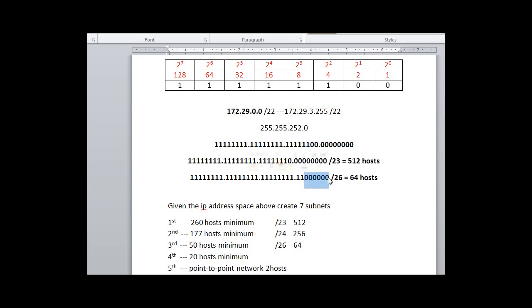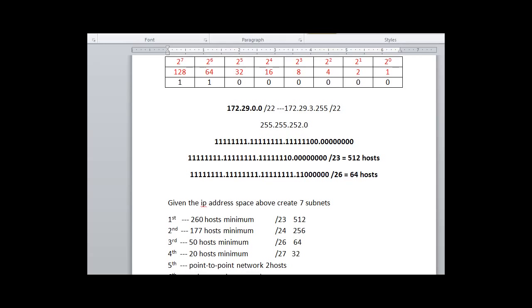Well, how many zeros? 1, 2, 3, 4, 5, 6. 2 to the 6th power is 64 hosts. But you could also plug the subnetted octet, in this case, this is where we've borrowed ones and zeros, plug it into our place value system, and you can see that the magic number, the last borrowed bit, is in the 64's place. So the magic number is 64, and that tells us how the networks go up. They go up by 64, but it also tells us how many hosts in each network, right? So that's going to be /26, and then this one will be a /27, and that'll give us 32 hosts.